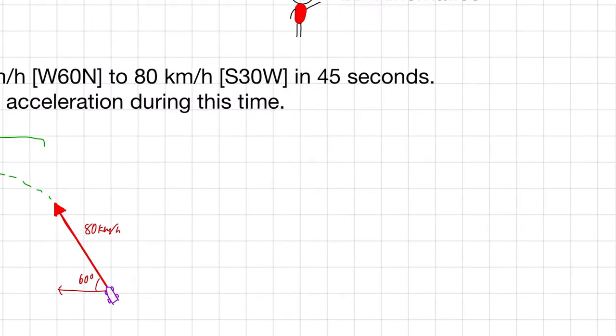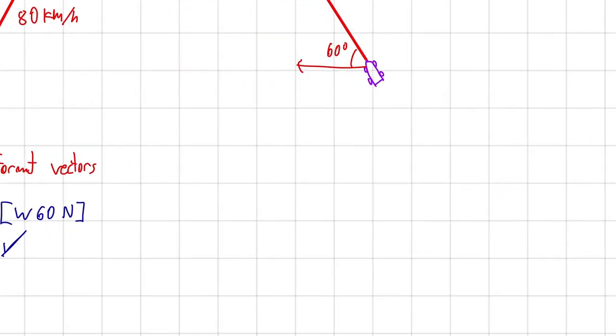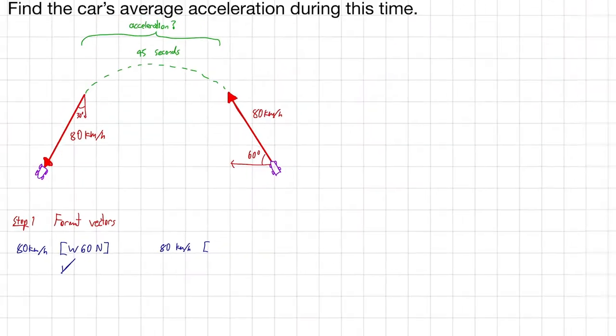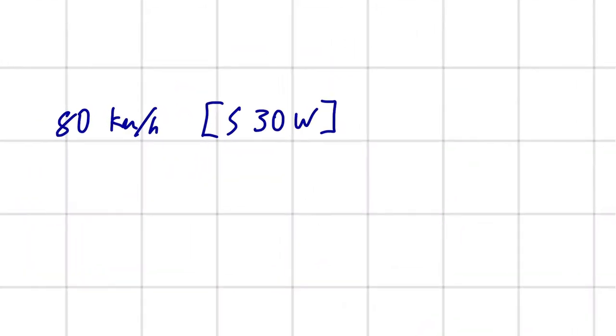And then our second one with 80 kilometers per hour, south 30 west, well, we're going to need to fix that one. So I'm going to write an equivalent vector. So first let me rewrite the vector as it's given. South 30 west, south 30 west. And what we want to do is have our west first and our south second.